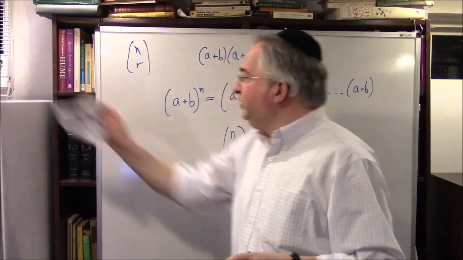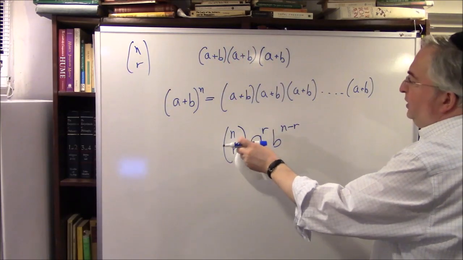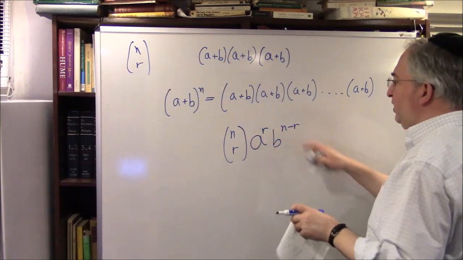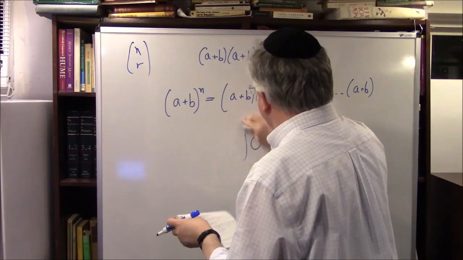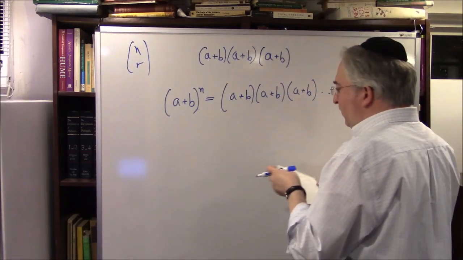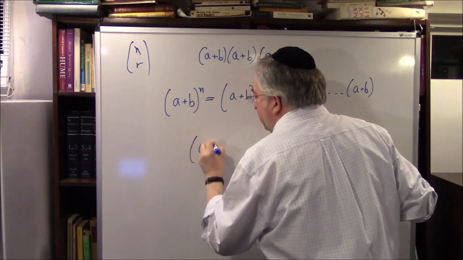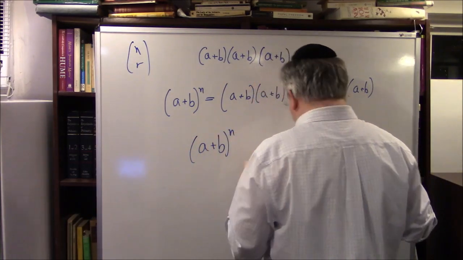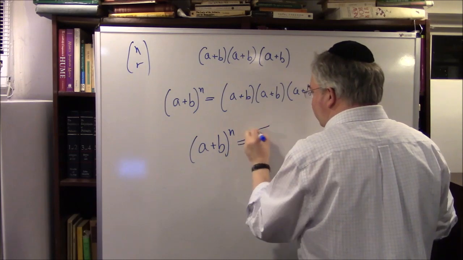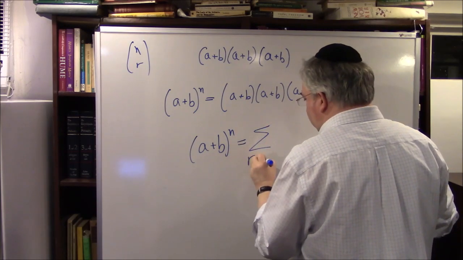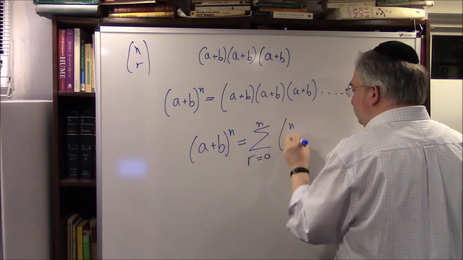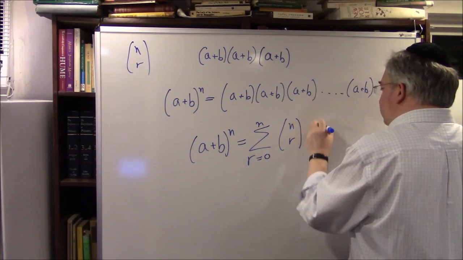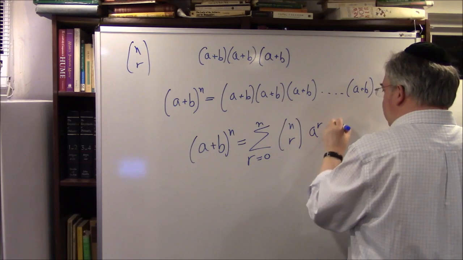This is going to be the coefficient for this term. So we can write a plus b to the n as the sum from r equals 0 to n of n choose r, a to the r, b to the n minus r.